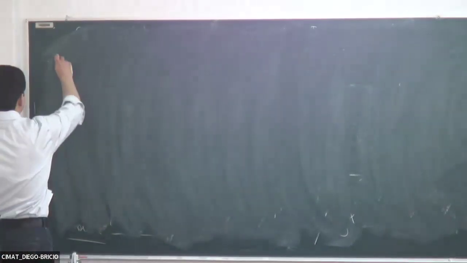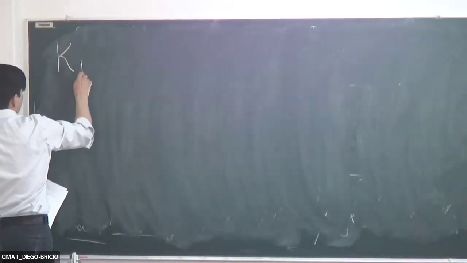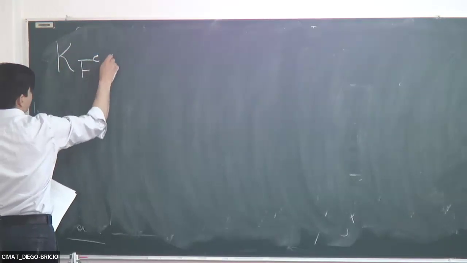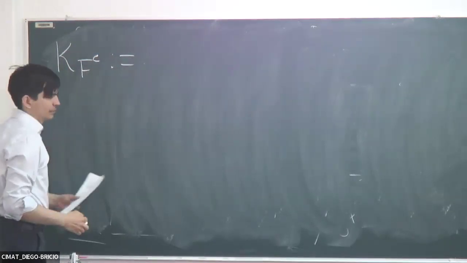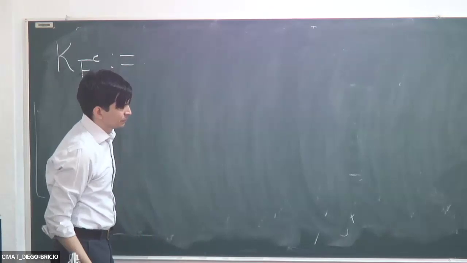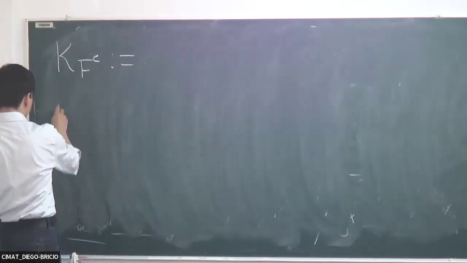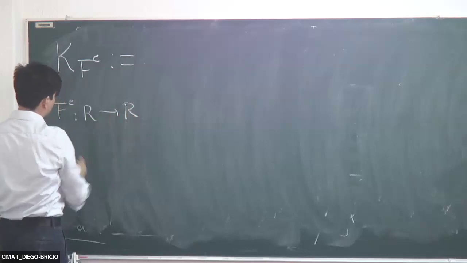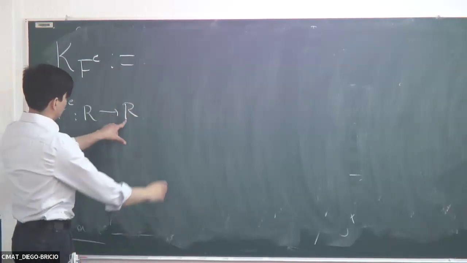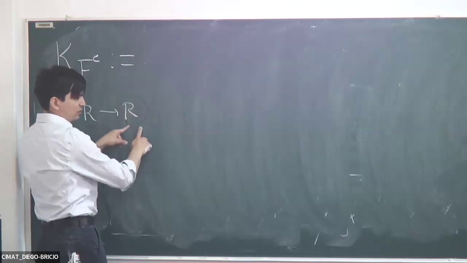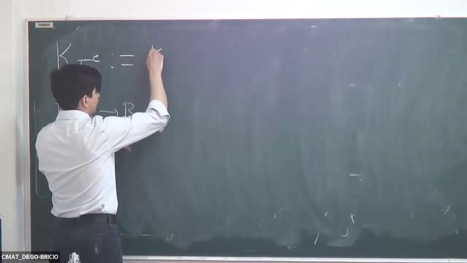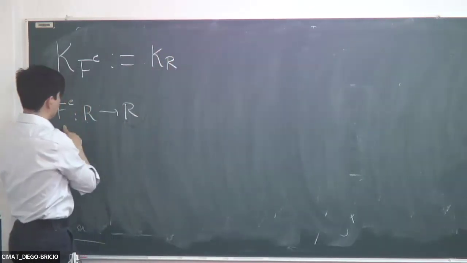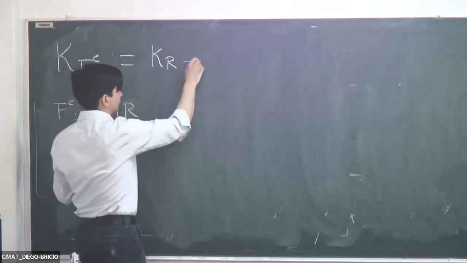So what is the relative canonical of Frobenius? Well, Frobenius is a map from R to R. It is an endomorphism. So what we have to do is to take the canonical of this part, and we have to pull back the canonical of this one.